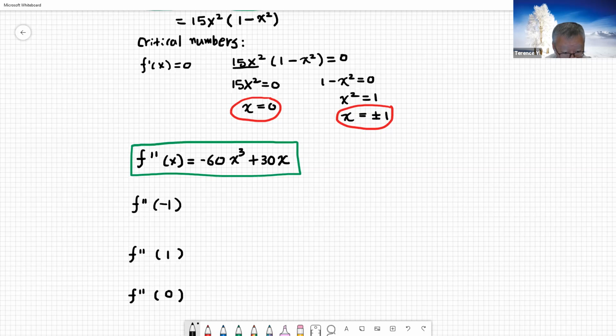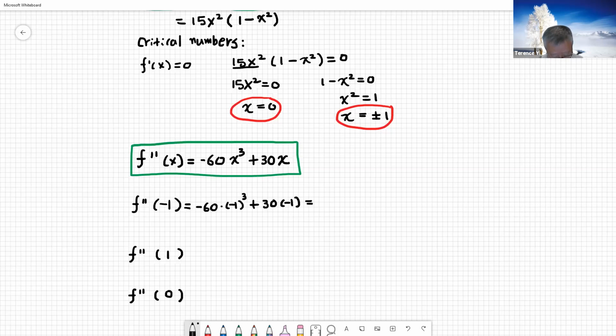Let's plug it in. Now let's plug in -1. We're just going to plug x equals -1 into the function here. Minus 60 times -1 to the cube, plus 30 times negative 1.